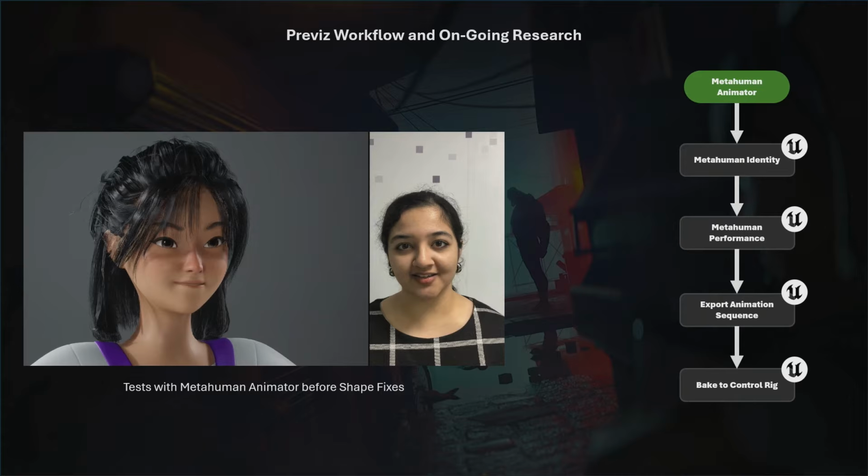These are some of the initial tests that we did with MetaHuman Animator, and the problems stem from how you want to creatively control your look of the character. So here, Makui, we are showing her at the age of 15. She's a young kid, and the lower mouth should not be affected that much by gravity because of her age.